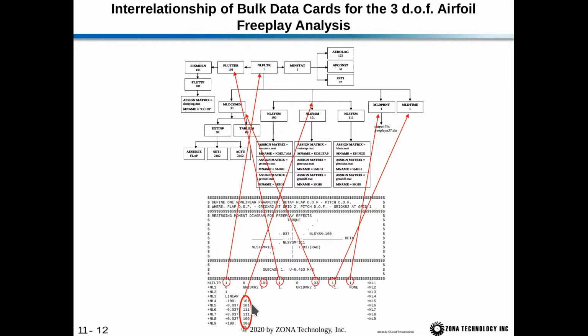When you interpolate 2 of the same thing, you just get back the 101, so that ensures that in this region we have a constant system matrix. Now we do our switch so that between plus and minus 2.12 degrees, we have nonlinear system matrix 111, which is the Freeplay stiffness matrix. And then greater than 2.12 degrees, we have nonlinear system matrix ID 100. So that will give us our resulting torque theta diagram as shown here.